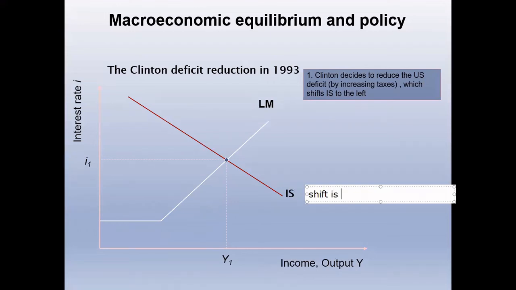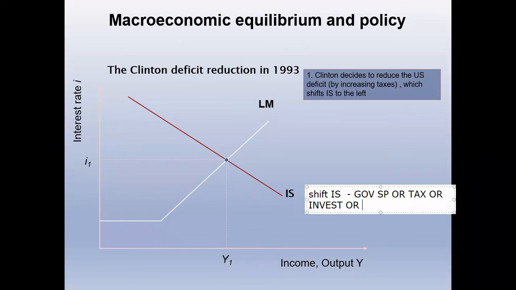I can shift it with fiscal policy by changing government spending or taxes, or increasing investment, or for example decreasing taxes, or providing subsidies, all these things. If I do them, I can have a positive impact on the economy.